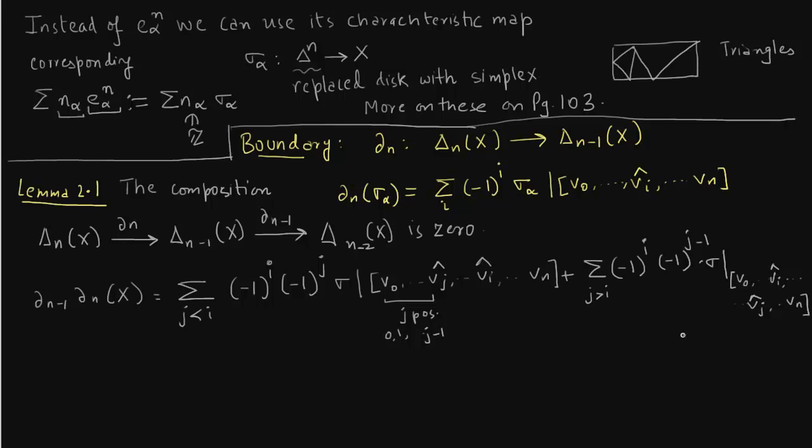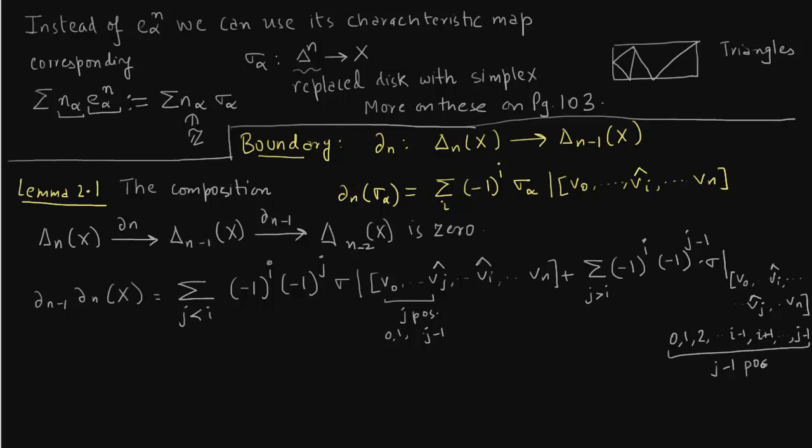We start with index 0, 1, 2, 3 all the way to i minus 1, then we skip i because i has been removed already, j is greater than i, and we go all the way to j minus 1. Since i is removed, these are j minus 1 positions.